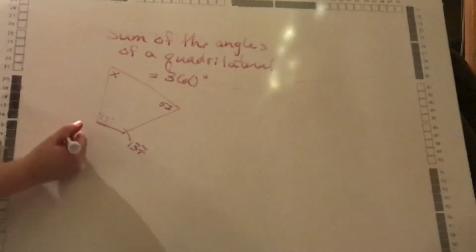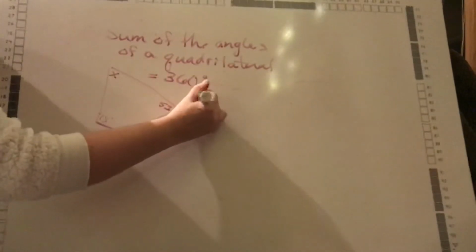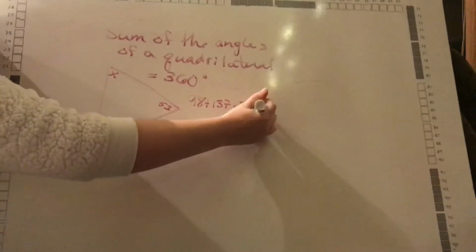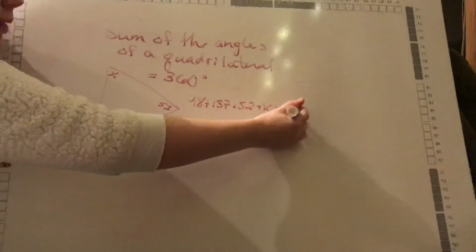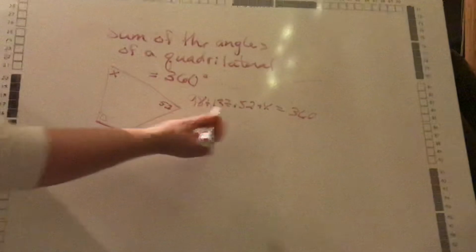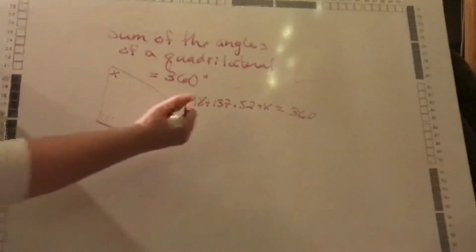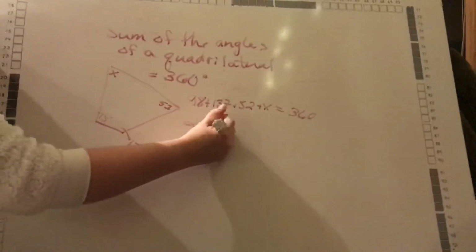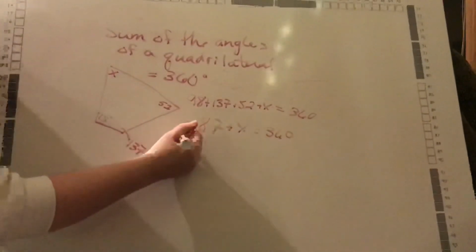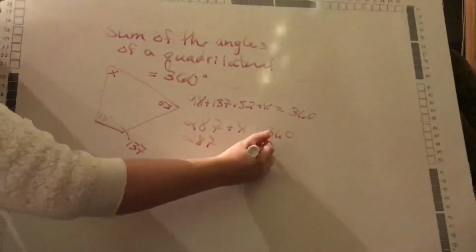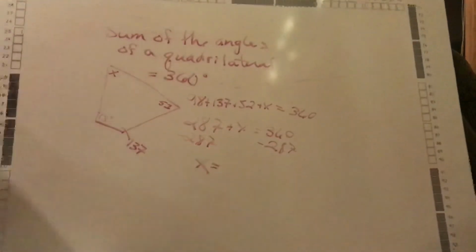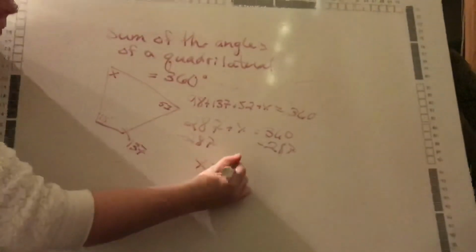Well, you know from this rule that 98 plus 137 plus 52 plus x equals 360. So we would add the three numbers together. That's going to be 287 plus x equals 360. Subtract 287 from both sides, and you get that x equals 73.